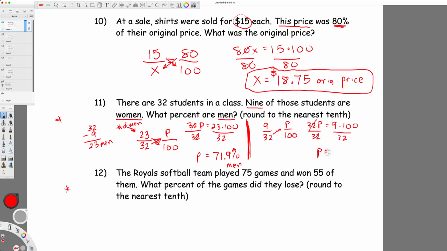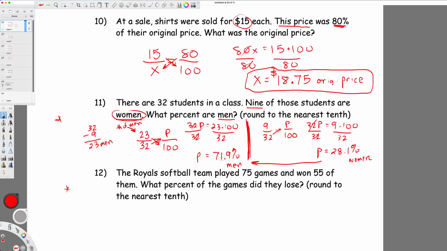When I do that arithmetic, 9 times 100 divided by 32, I get 28.1. That is the percent, but since this 9 is women, this is the percent that are women. If we are logical, we should be able to go from here to here.